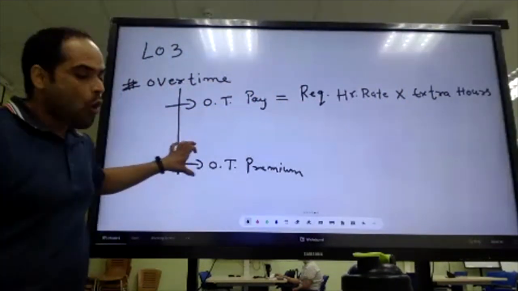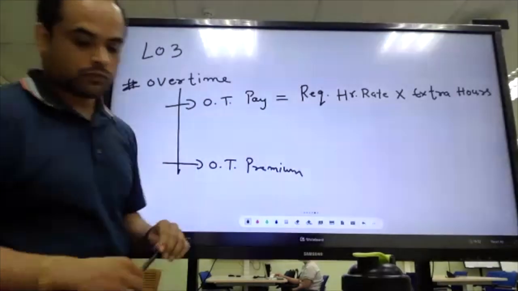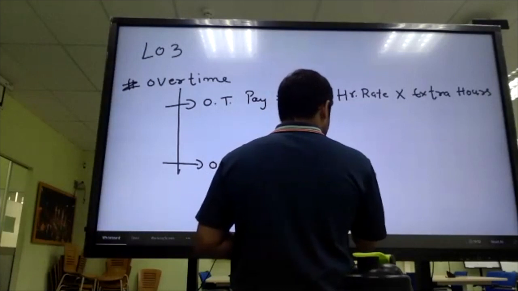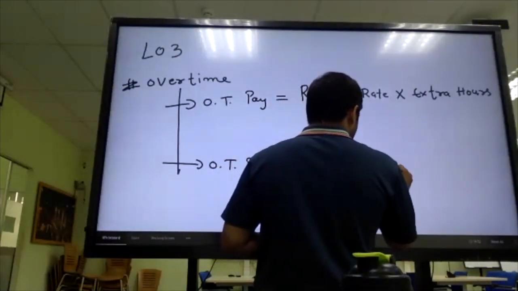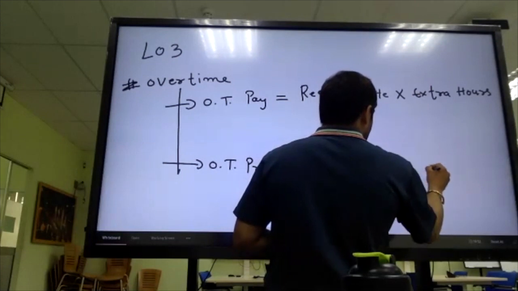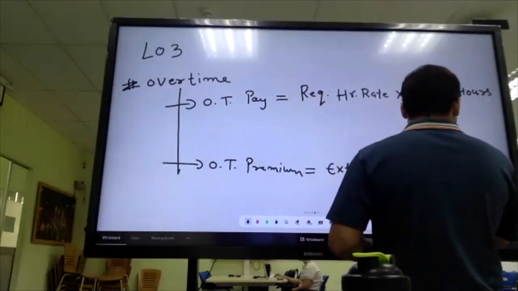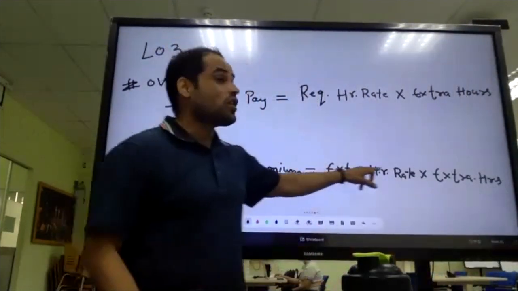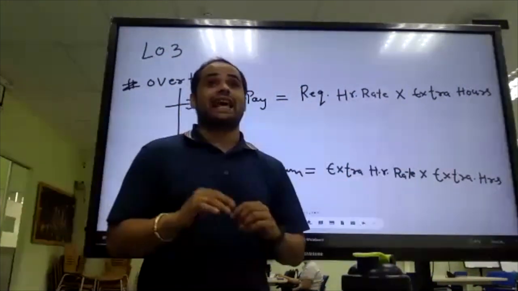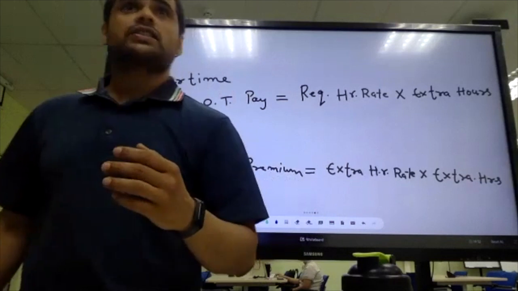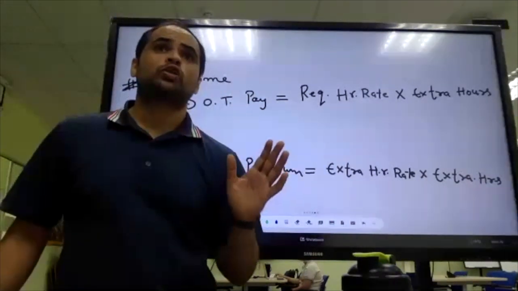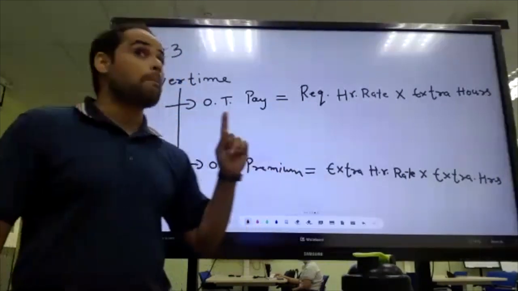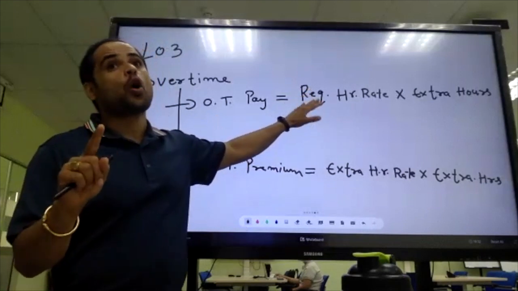All right. Now, overtime premium. Overtime premium is extra hour rate multiplied by extra hours. Extra hour rates, not the normal hour rates. Extra hour rates means rates like those for public holidays. Normally, when there is a public holiday, if workers are working, the company will not pay them the normal rate.